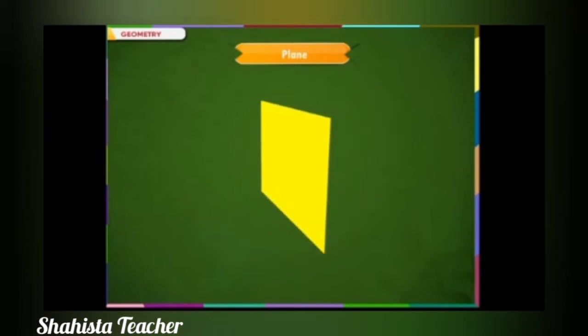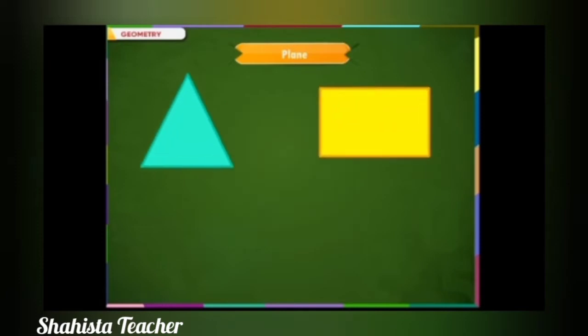The floor, the wall and the blackboard all have plain flat surfaces. These are some examples of a plane. A plane is a very thin flat surface that does not have any thickness and extends endlessly in all directions.